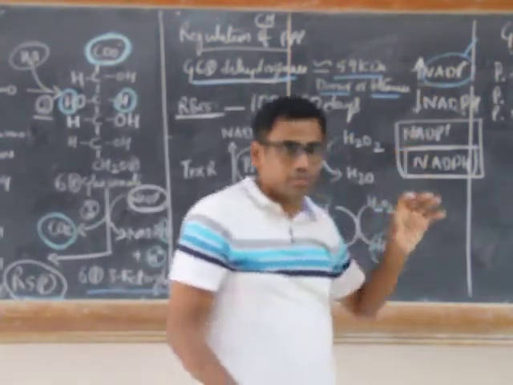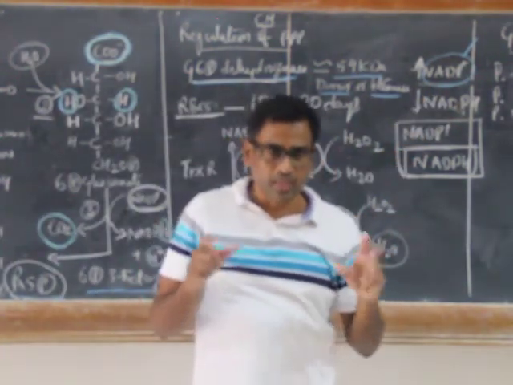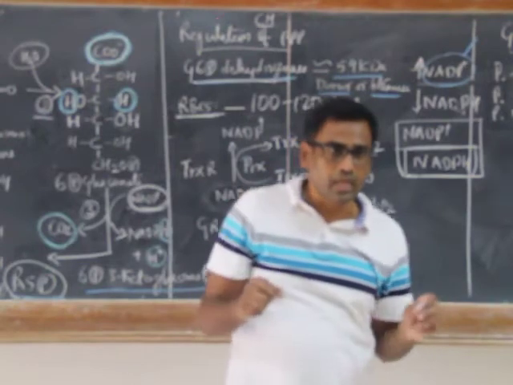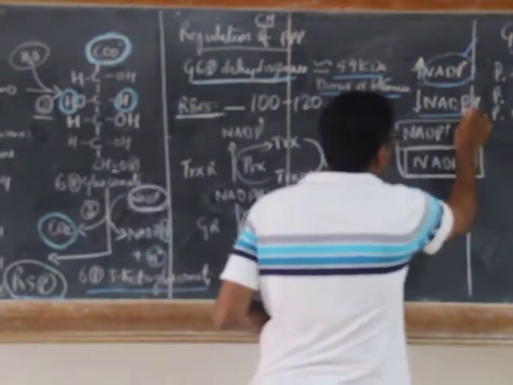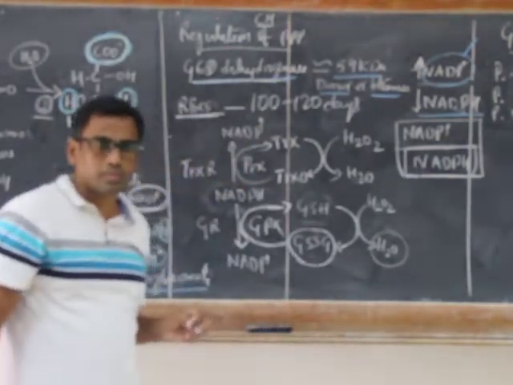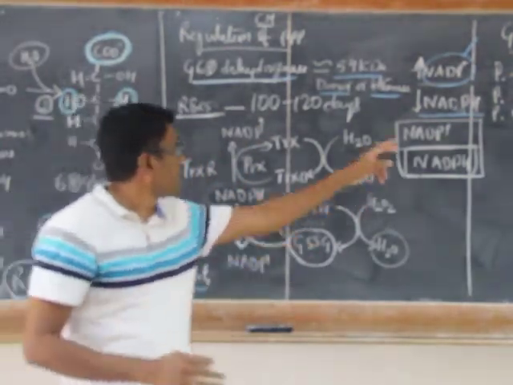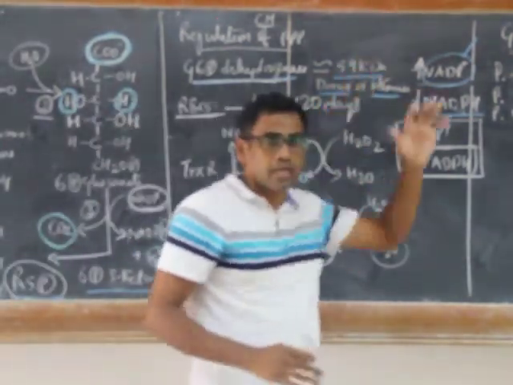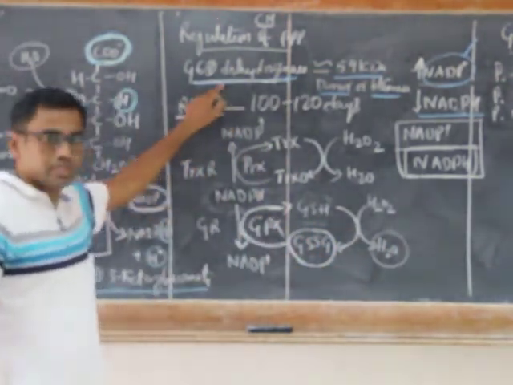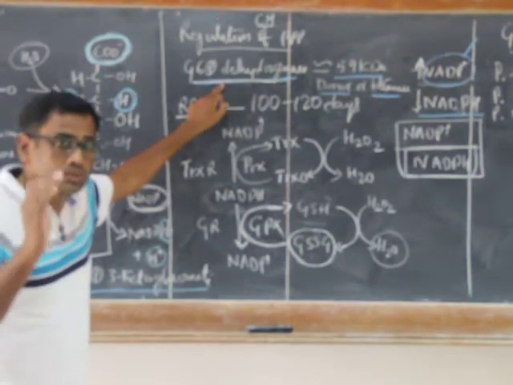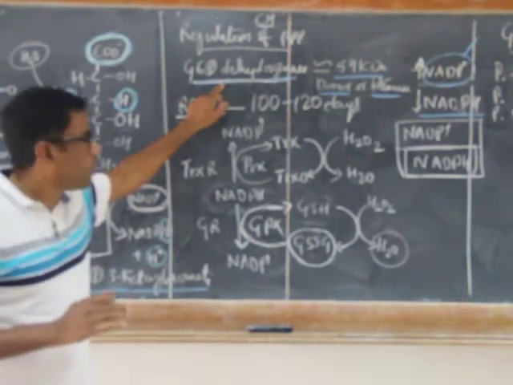The increased level of NADP plus in the cell, that means decreased level of NADPH. When the level of NADP plus is increased, that activates glucose 6-phosphate dehydrogenase by binding to the active site. What it suggests?